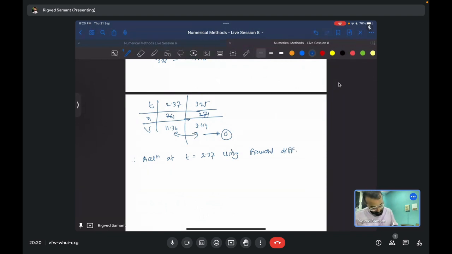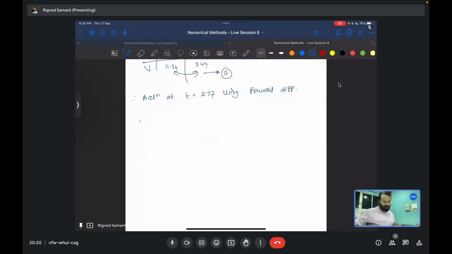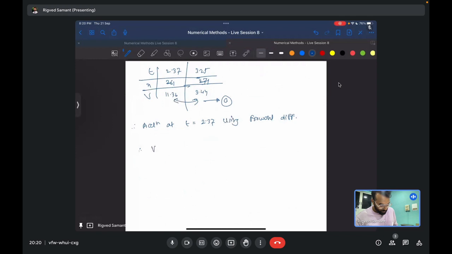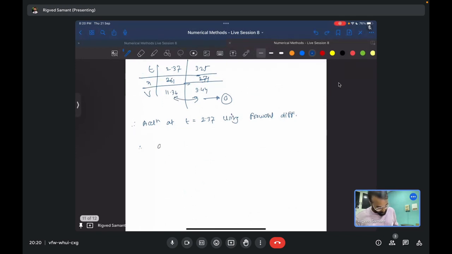Therefore, acceleration at 2.37, that is dV by dt, that is V of t plus 1 minus Vt divided by delta t. So V of t plus 1 is this one. So this is your t and this is t plus 1.